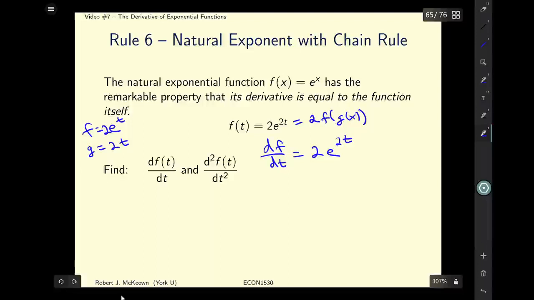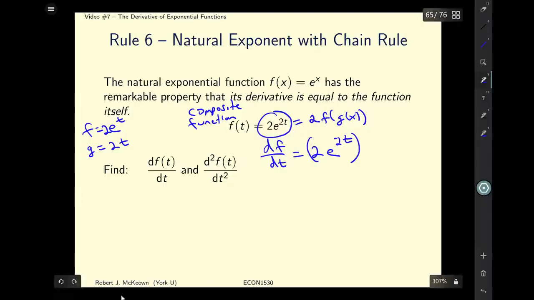And maybe put a t up there. So now when you're looking at this thing right here, you can see that it's actually a composite function. There's the natural exponent, which represents one function, and then in the exponent is a second function. So we're going to want to use the chain rule here.